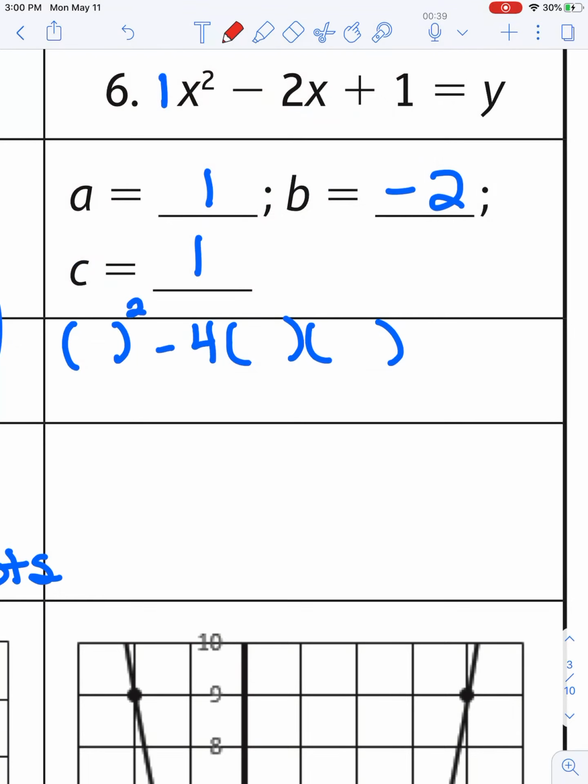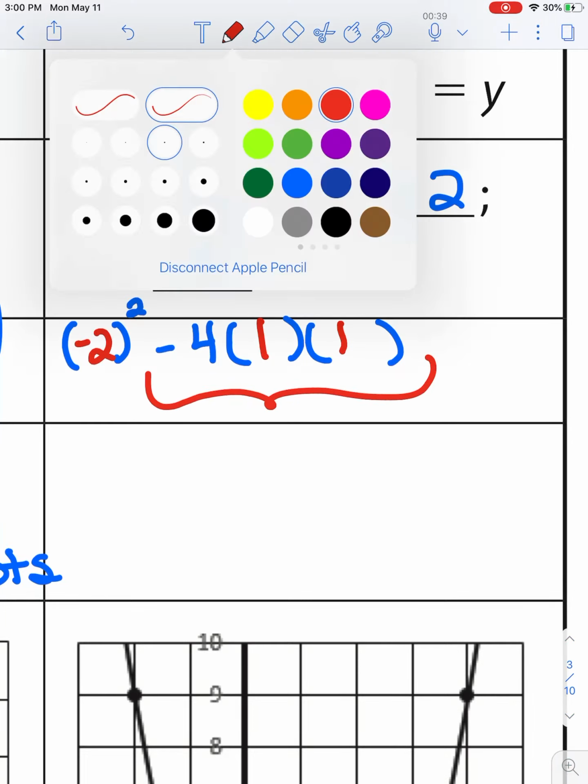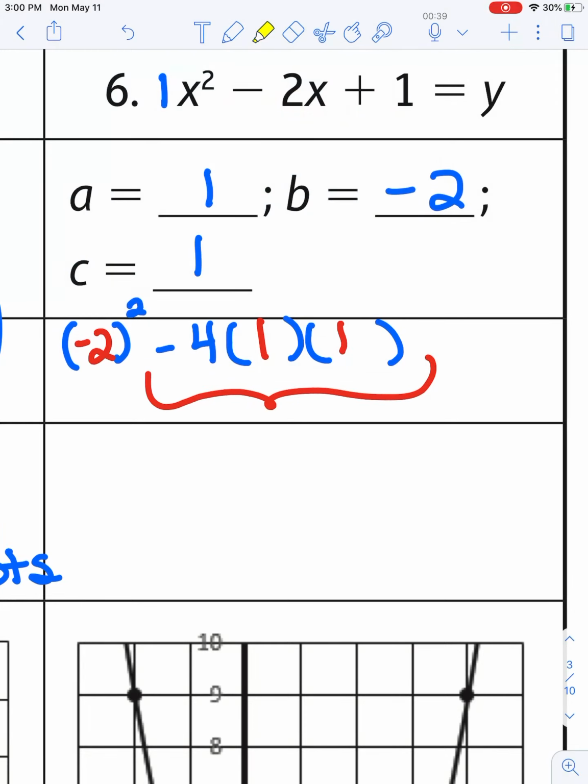Now B is a negative 2, A is a positive 1, and C is a positive 1. Again, remember, we evaluate that with the signs first. So, all right. Let's go ahead and evaluate negative 2 squared. A negative 2 times a negative 2 is a positive 4. Now, we only have one negative in all of these 3 numbers, so that means this is going to be a negative. And 4 times 1 times 1 is just 4.